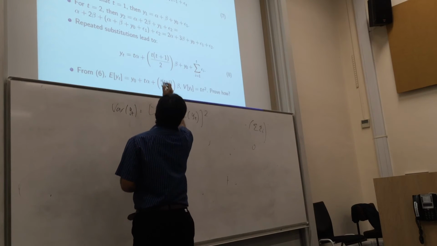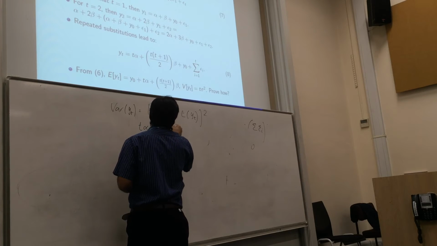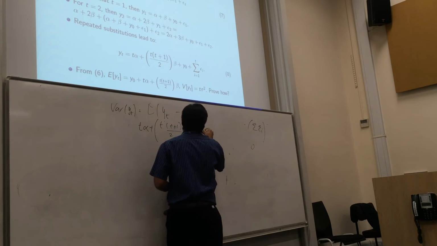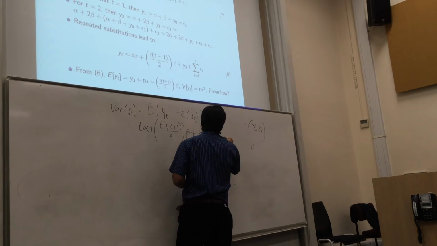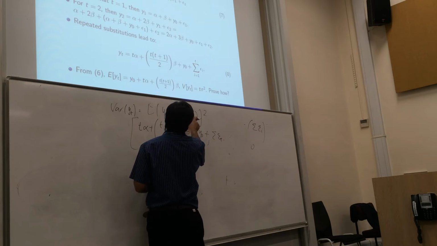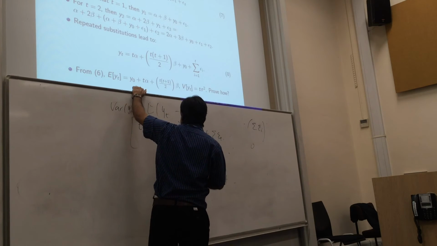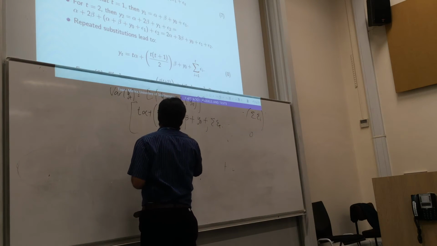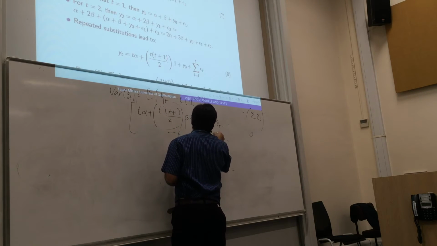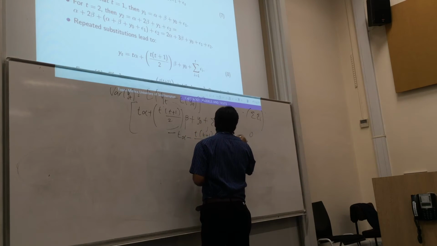So given our expression, yt equals t alpha plus t times (t plus 1) by 2 beta plus y0 plus the sum of epsilon. This is your yt. Take away the expectation of yt, which is all these elements: minus t alpha minus t times (t plus 1) by 2 beta minus y0.